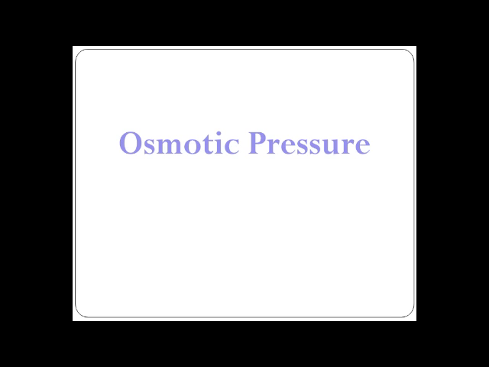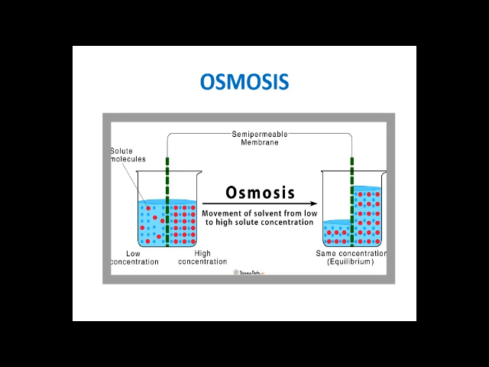The fourth colligative property is osmotic pressure. Before seeing about osmotic pressure, we should know what osmosis is. What is osmosis? The movement of solvent from low to high solute concentration area is known as osmosis.